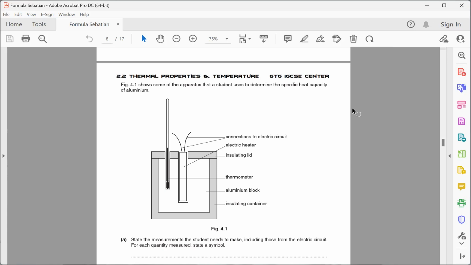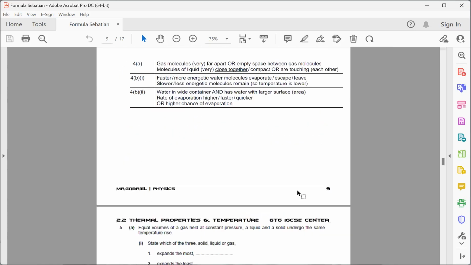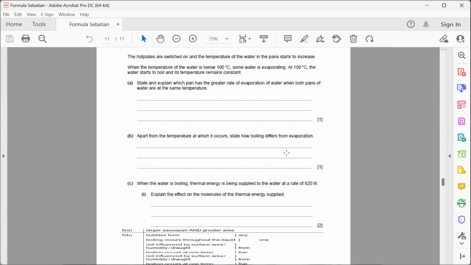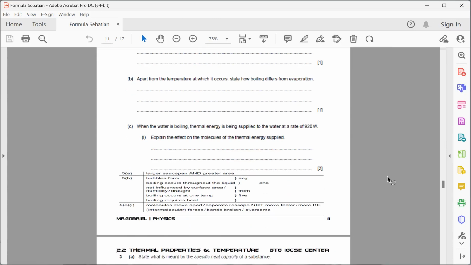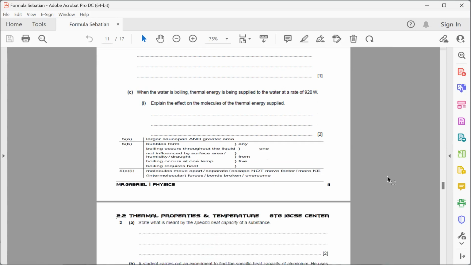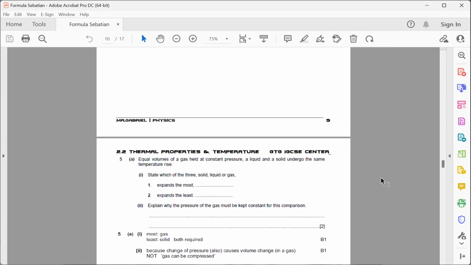If that's what they want, let me see if that's what the question is. They overcome the forces of attraction and then they change state from liquid into gas.